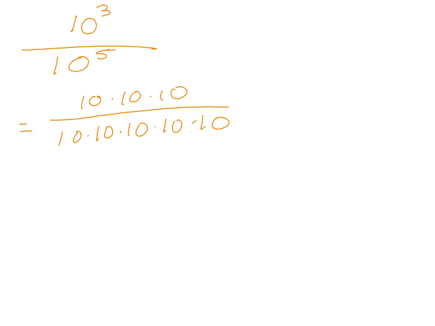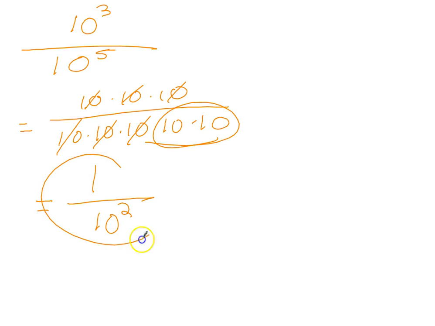Same deal, I'm going to cancel out 1 for 1. So this 10 and this 10, this 10 and this 10, this 10 and this 10. So now I have 2 10s left, but they're on the bottom of my fraction. So 10 squared goes on the bottom, and I need to put a 1 on top to keep the lid on.